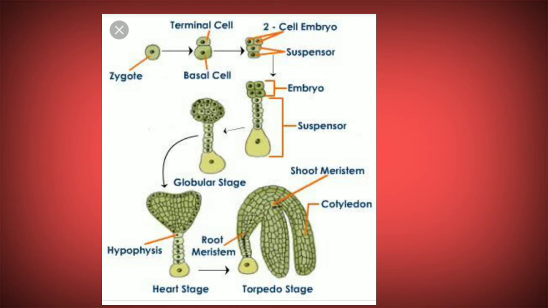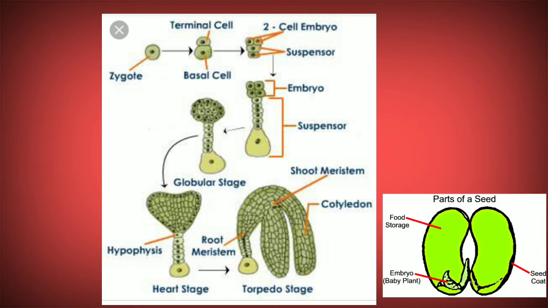That dome-shaped structure is called the plumule, and this plumule region later develops the stem or the shoot system. The elongated parts are the two cotyledons, and the radicle is towards the suspensor, in the hypophysis or hypobasal region.